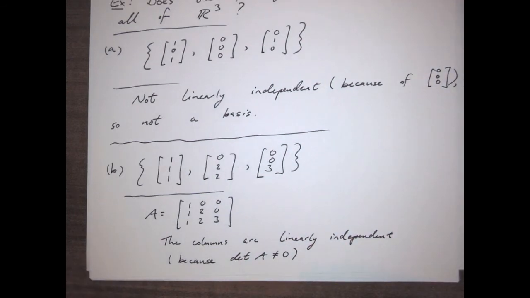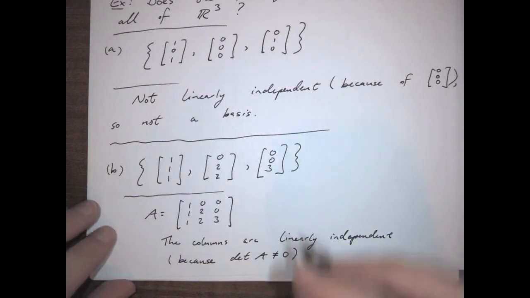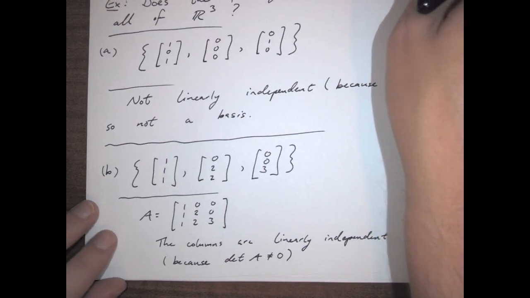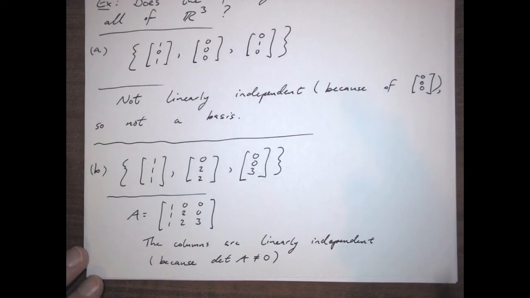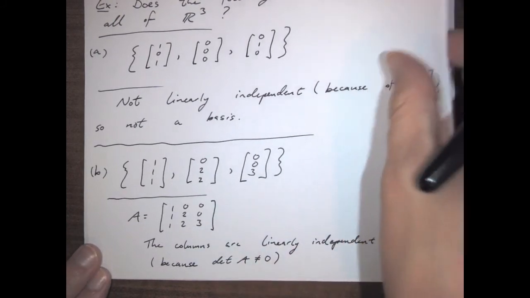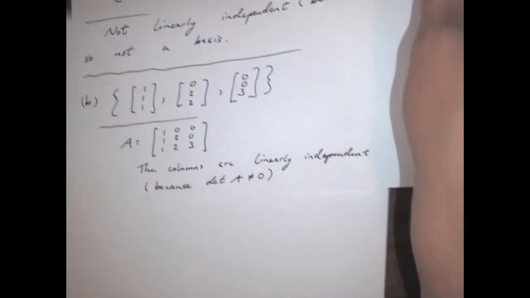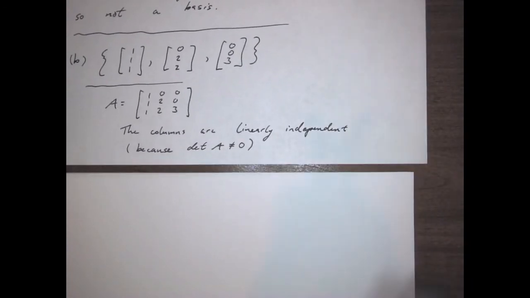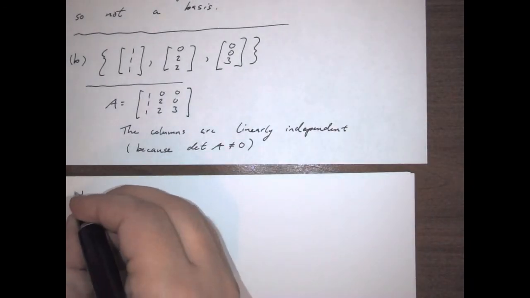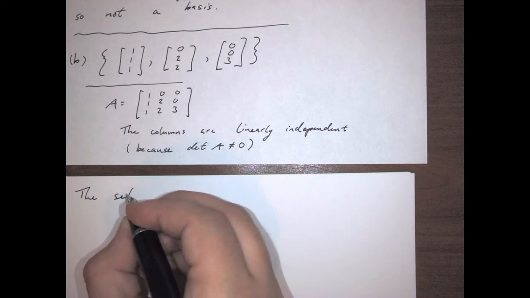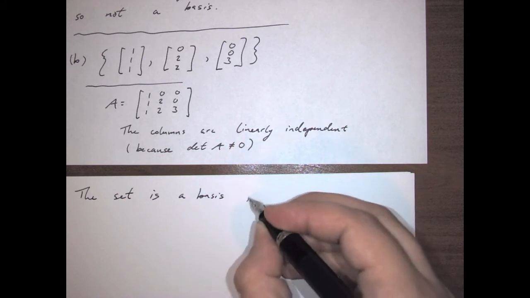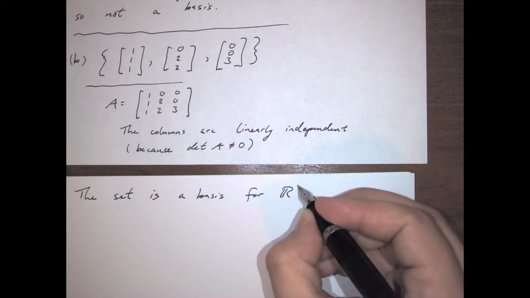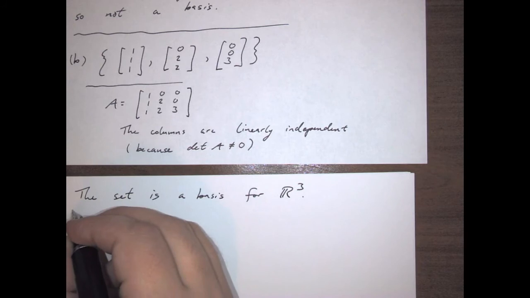And the determinant being or not being 0 is completely equivalent to any other of the invertible matrix theorem conditions. So, case closed. So this means we have 3 linearly independent vectors, which therefore do form a basis for R3. So the set is a basis for R3.